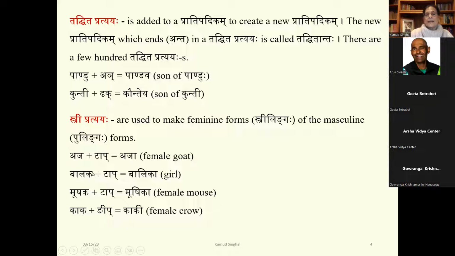From Balaka, a masculine, you add again tap and you get Balika, a girl. Mushaka, a male mouse, and you add tap, you get Mushika, a female mouse. Kaka, a masculine pratipadika, meaning a crow, and if you add neep to it, you get Kaki, which is a female crow.